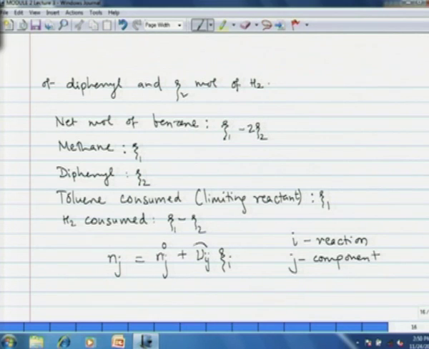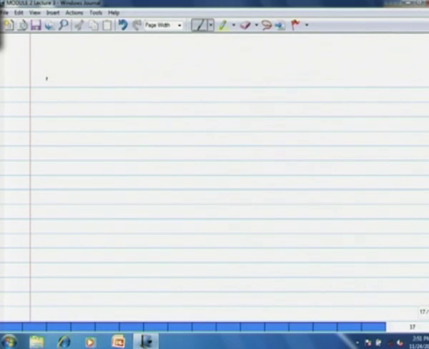Now, nu_ij are what is known as reaction coefficients or stoichiometric coefficients. Nu_ij values are positive for a reaction if a particular component is produced in the reaction.